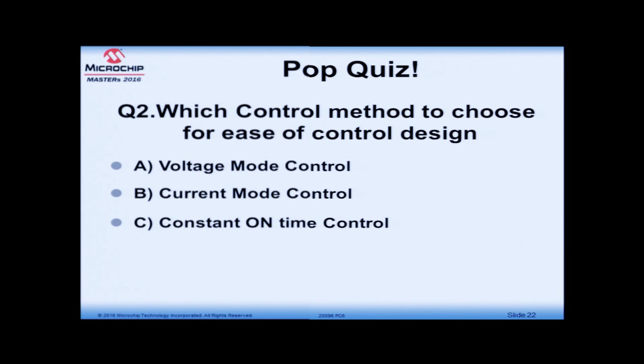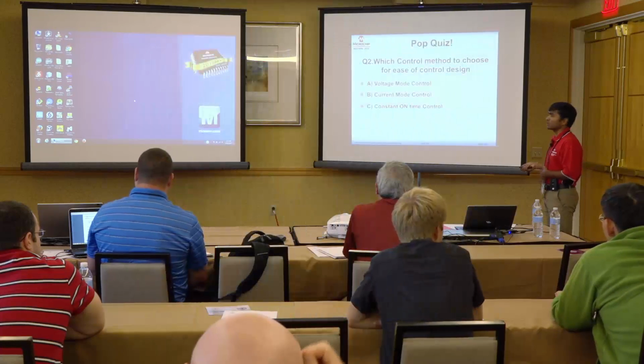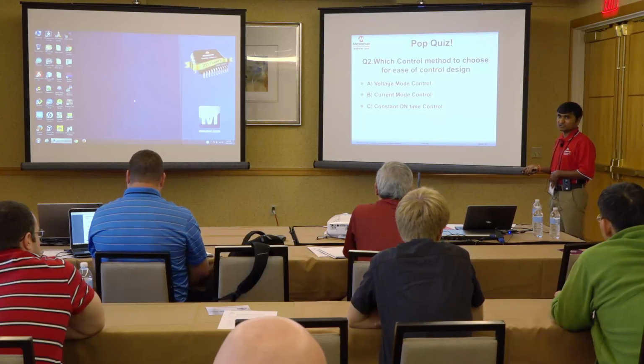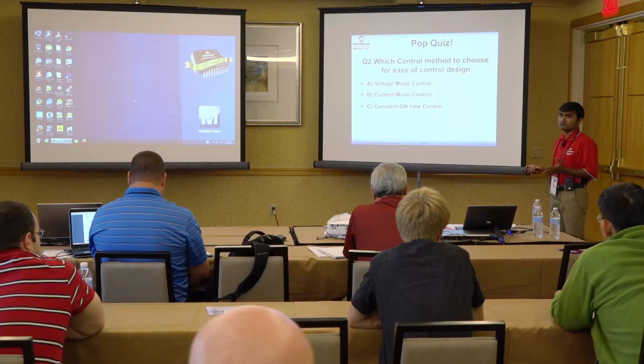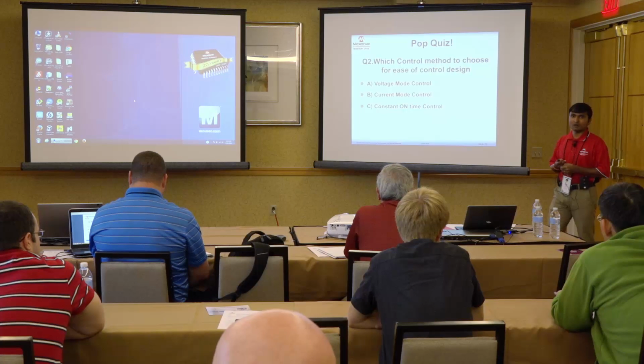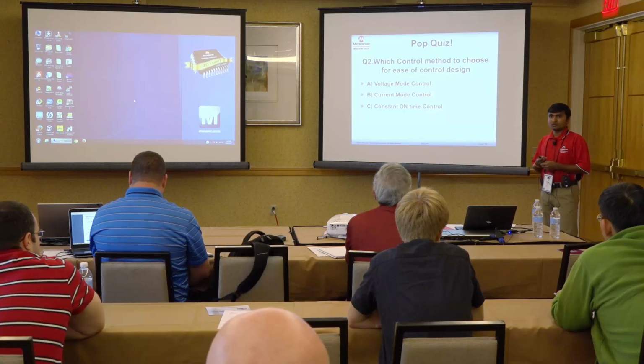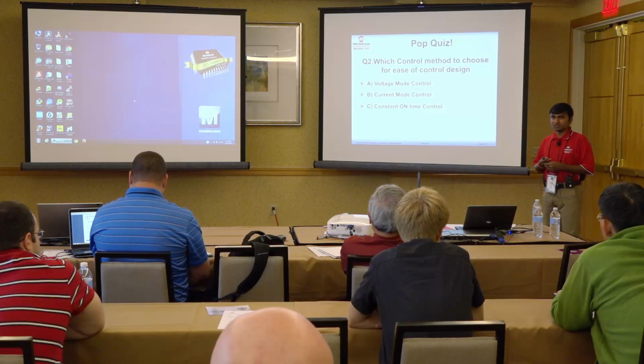Again, I would like to get your attention to which control method to choose for ease of control design: voltage mode control, which requires type 3 or type 2, current mode control with slope compensation, and constant on time control. Again, it depends on your output capacitor chemistry.